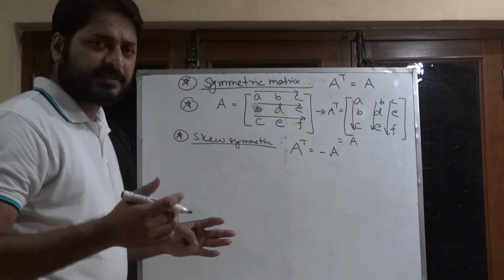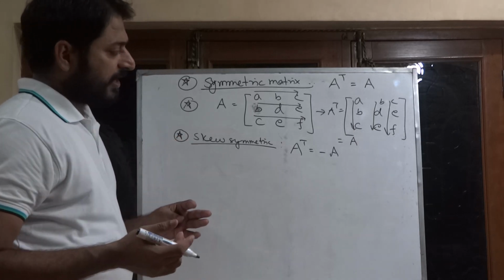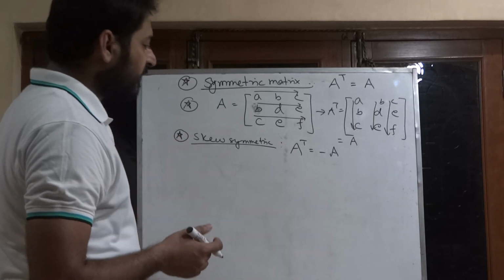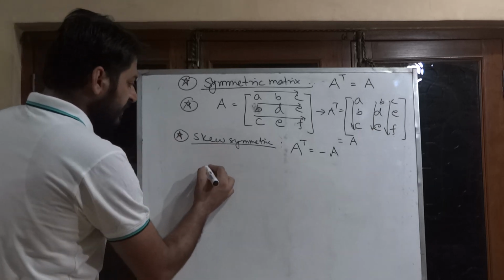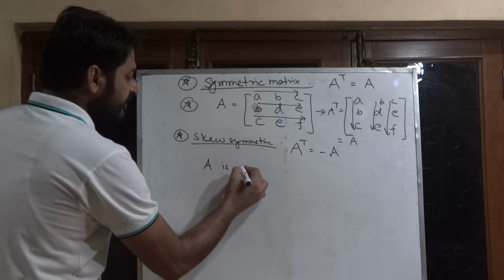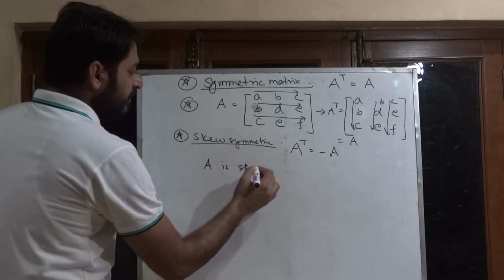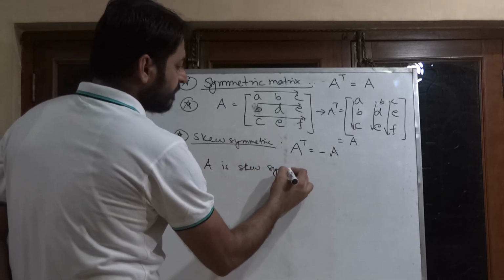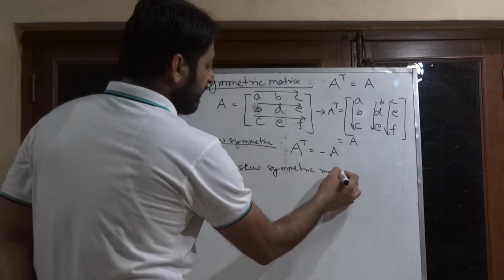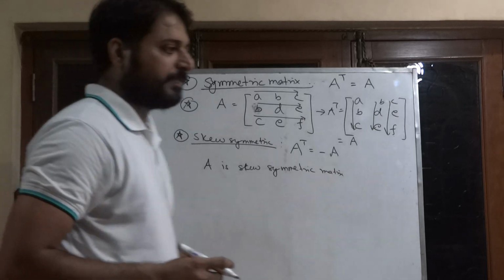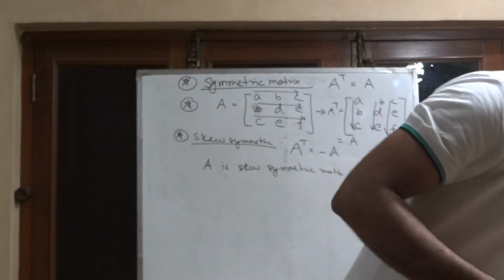Before I proceed with this, first I will tell you a few properties of the skew symmetric matrix. Suppose A is skew symmetric. I have jotted down a few examples on a piece of paper.